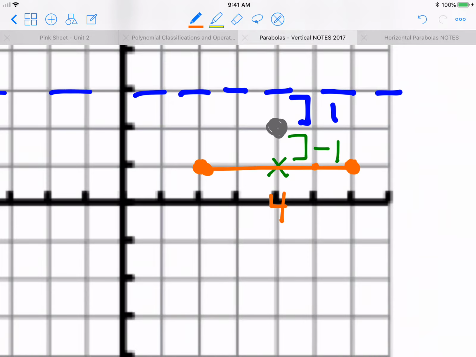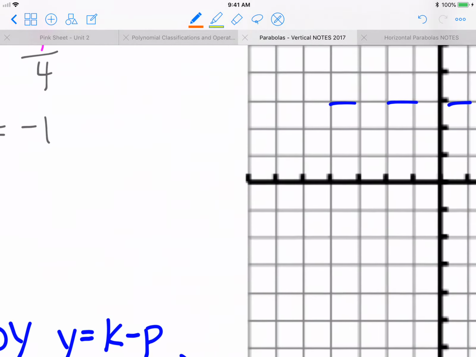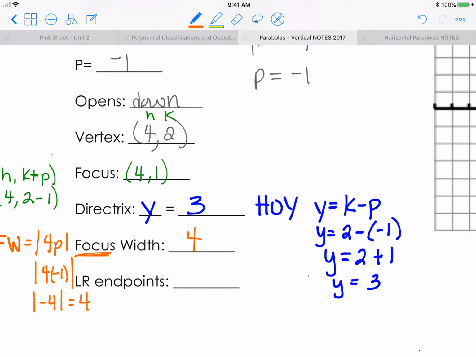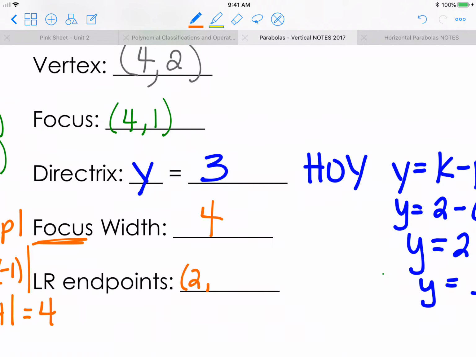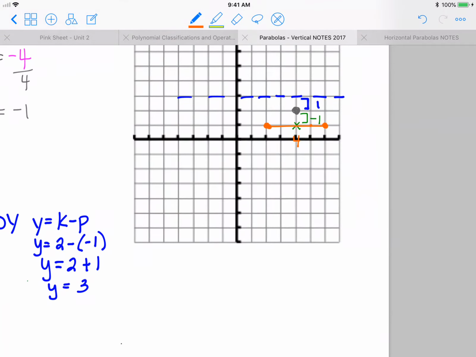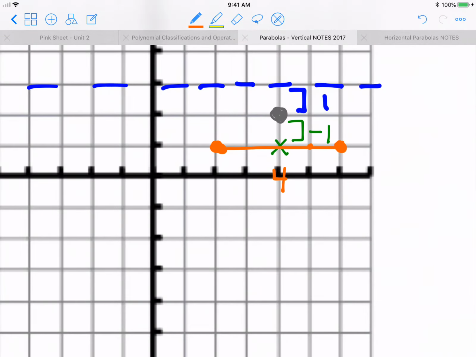Our endpoints are 2, 1, and 6, 1. And now we just need to connect the dots, from your vertex to your endpoints and your vertex to the other endpoint. And then we have it graphed.